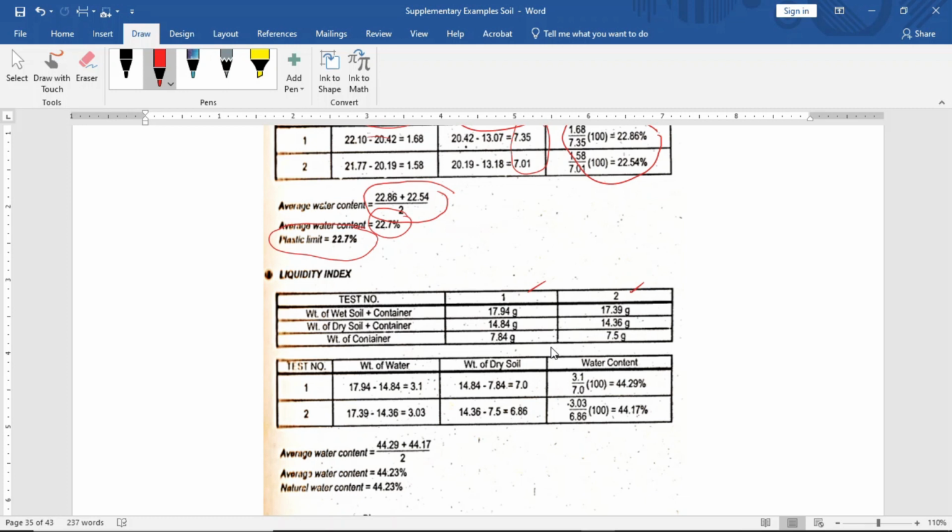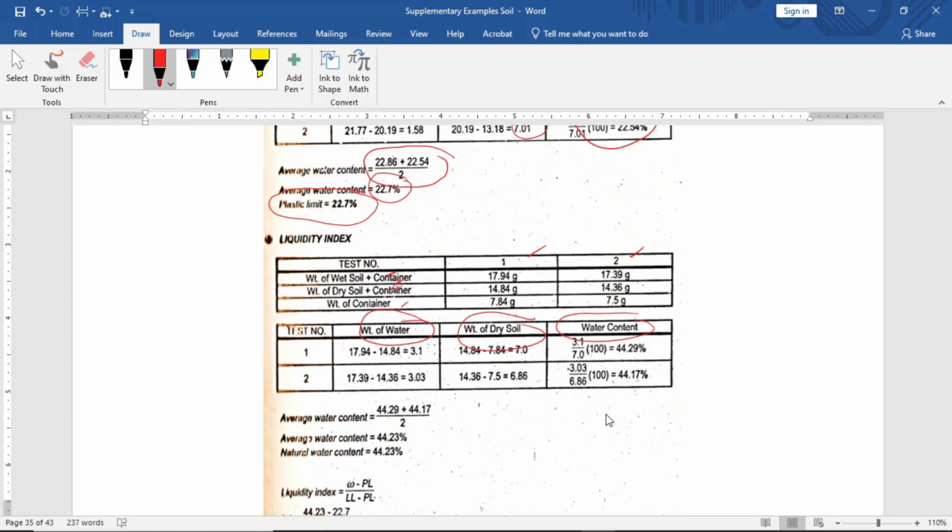Tapos, yung given lang. Kung paano natin sinunod yung plastic limit, yun rin yung pag-solve natin para sa liquidity index. So, weight of wet soil plus container minus weight of dry soil plus container para mahanap natin yung weight of water. Tapos ulit, weight of dry soil. Tapos water content.